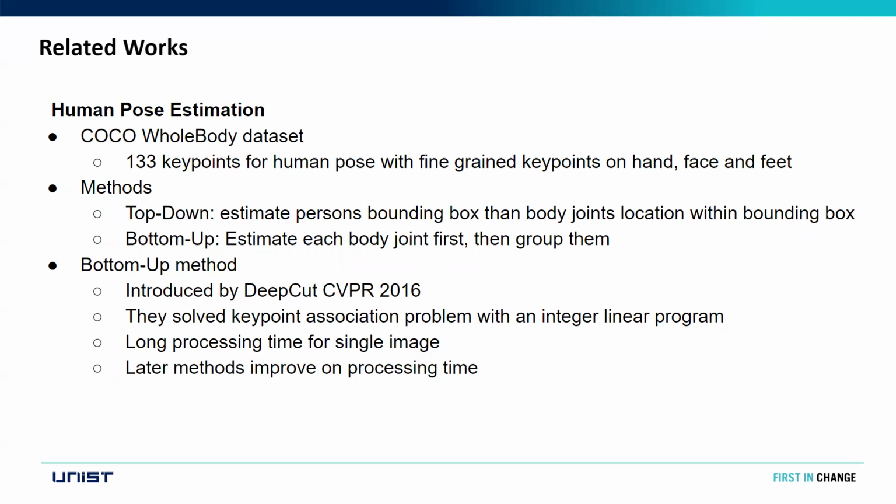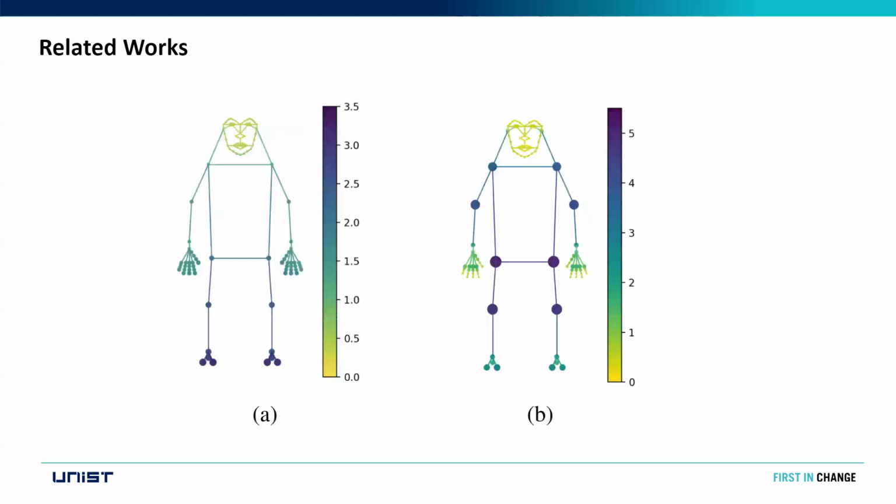The bottom-up method is more popular, and it was introduced in CVPR 2016. But this method previously had a problem with processing time, so later bottom-up methods focused on improving that.